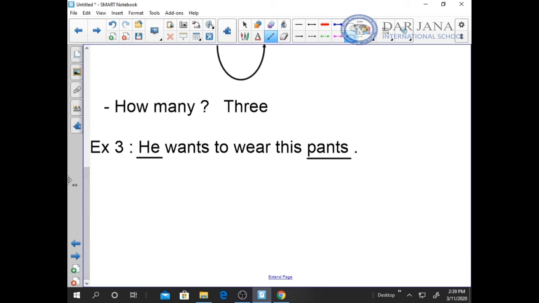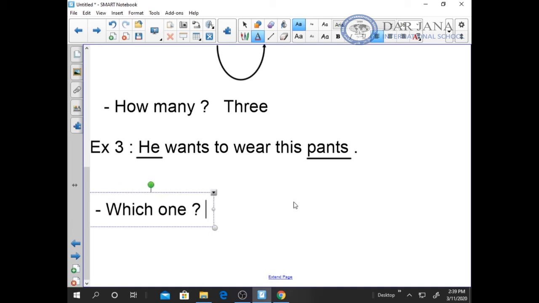Also, no. So I have to look for the third question, which is which one? So the third question answered by an adjective is which one? So I looked at the sentence, I see that they are saying he wants to wear this pants. So which one, which pants?